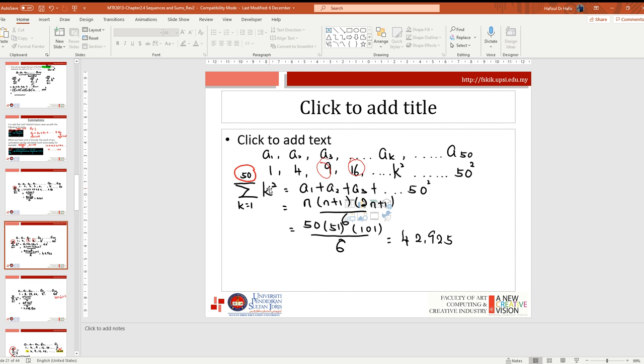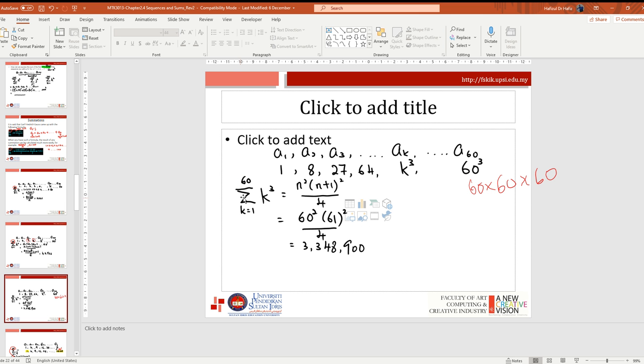You list out k to the power of 2 with n times n plus 1 times 2n plus 1, and you get 50 times 51 multiplied by 101 divided by 6, and then you get 42,925.